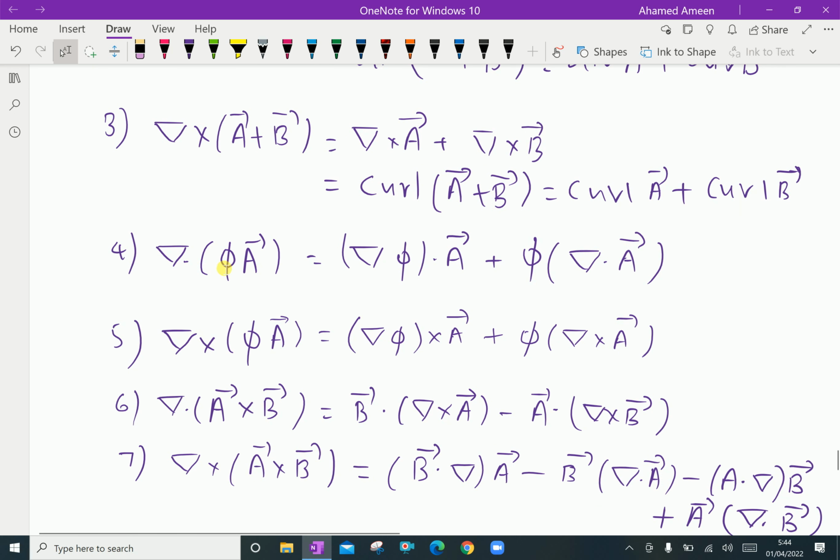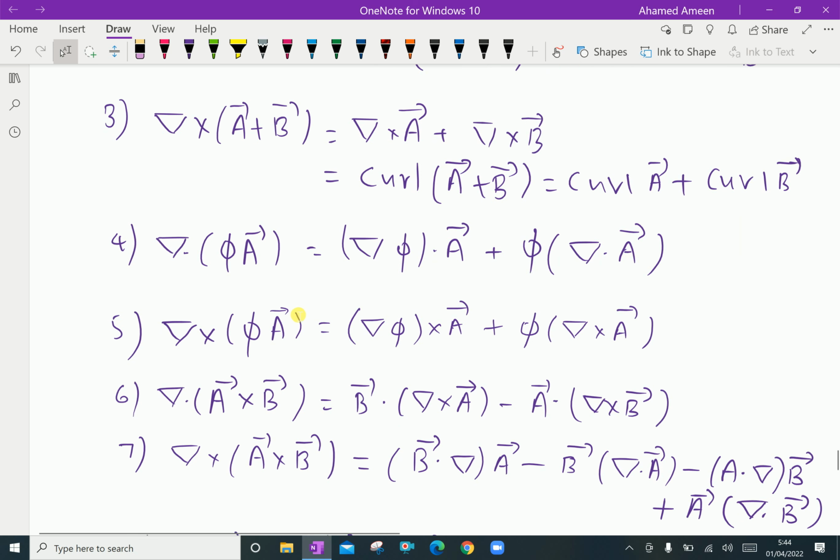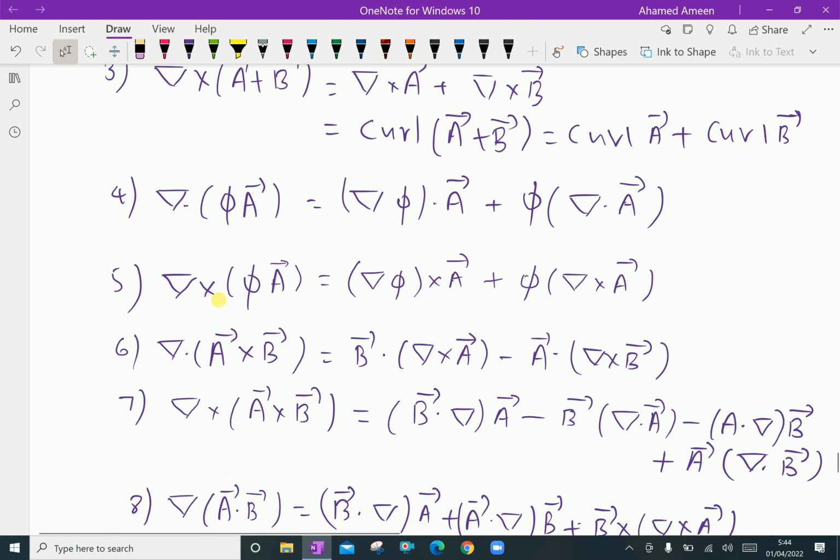Delta dot phi A vector is delta phi dot vector A, where A comes out, plus phi of delta dot A. Fifth one, delta cross psi A is delta psi cross A plus psi of delta cross A vector.